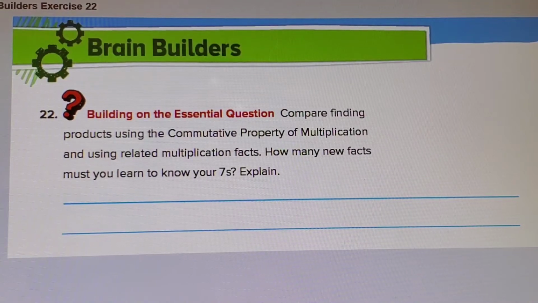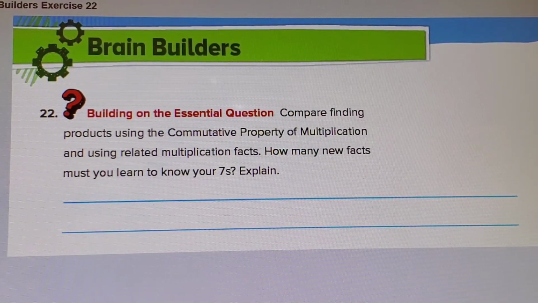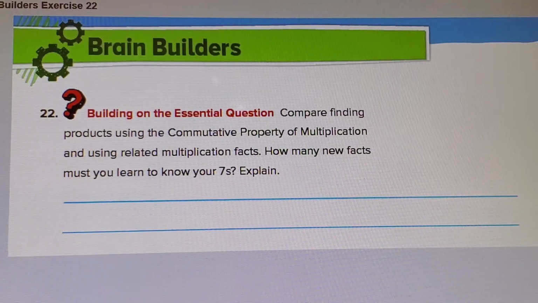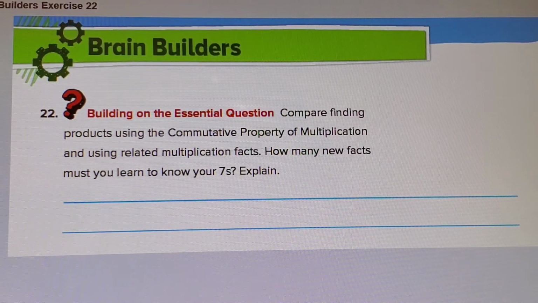Brain Builders number 22, building on the essential question. Compare finding products using the commutative property of multiplication and using related multiplication facts. How many new facts must you learn to know your 7s? Explain.